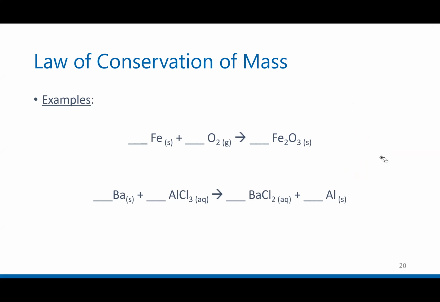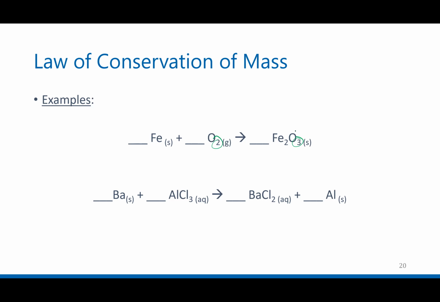Sometimes it's not as easy as just sticking a 2 or a 3 or a 4 in front of an element and walking away. We need to consider numbers that aren't multiples of each other directly. If you look at 2 and 3, I can't just put a 1 in front of 1 or a 2 or something like that.